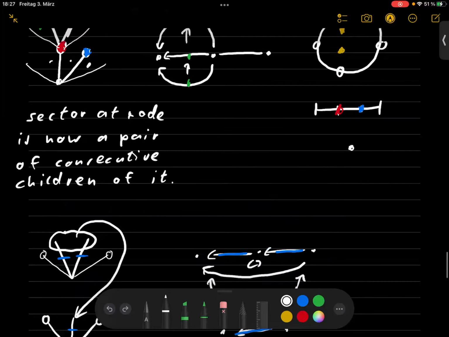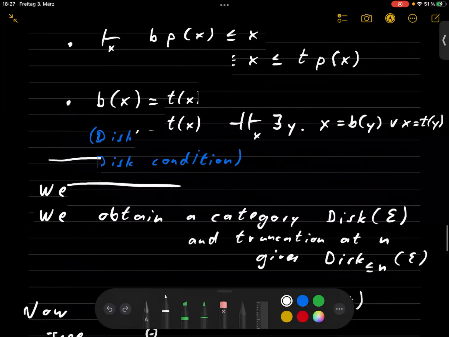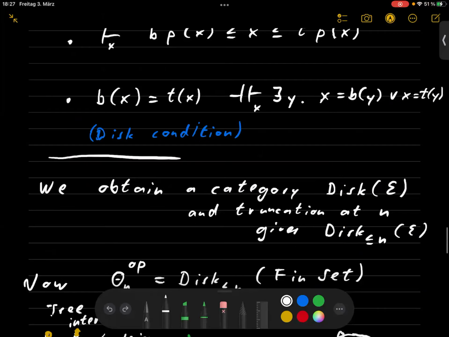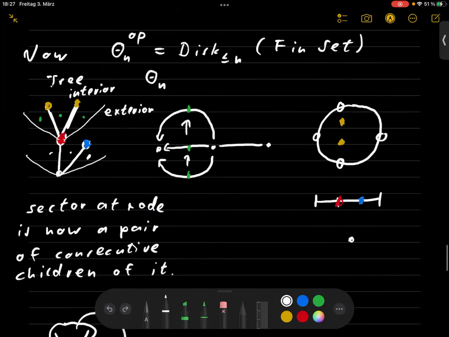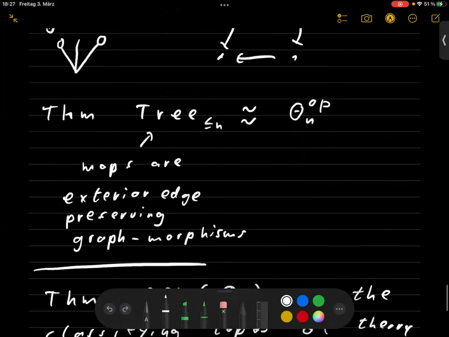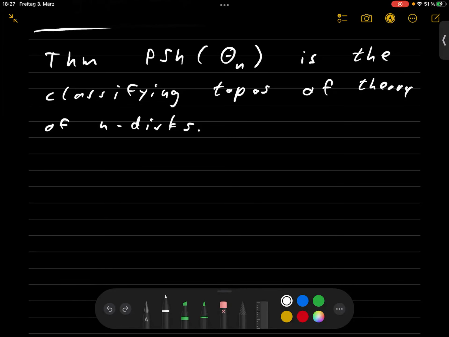I did not really explain it properly. If the time is there, I can explain this, so I do this now. And additionally, we can then state what it means to be a classifying topos.